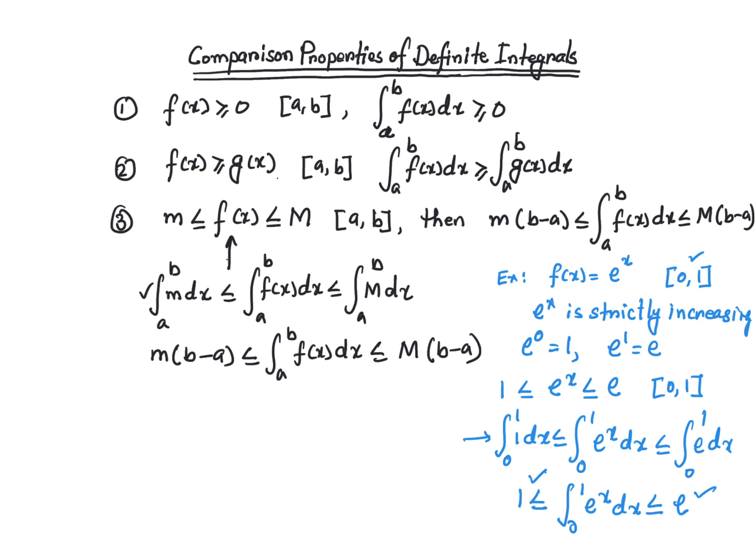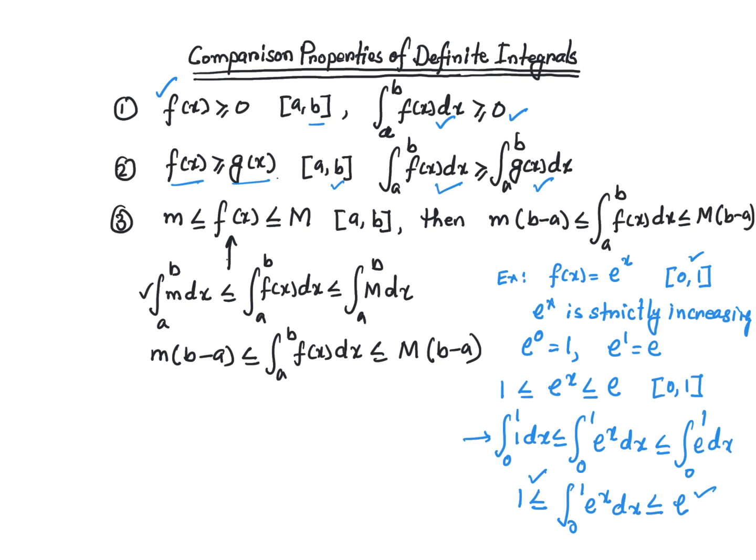So the properties that I talked about here are basically 3 properties. If f is non-negative, meaning 0 or greater, on some interval, then the integral will be non-negative, meaning 0 or greater. If f of x is greater than or equal to g of x on some interval, then on that interval, the integral of f is greater than or equal to the integral of g.